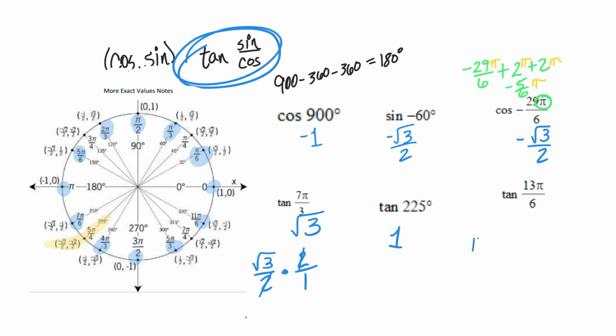Again, we don't have to do it this way. We can take the 13/6 and minus a full rotation, so 13/6 minus 2 is 1/6, and then we just tack our pi right back on.